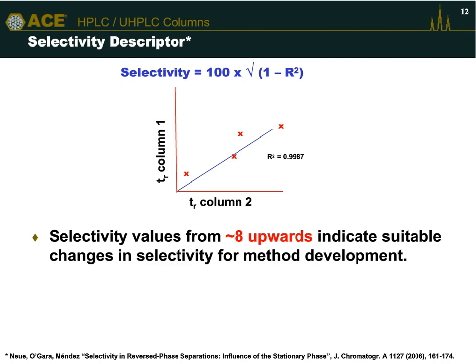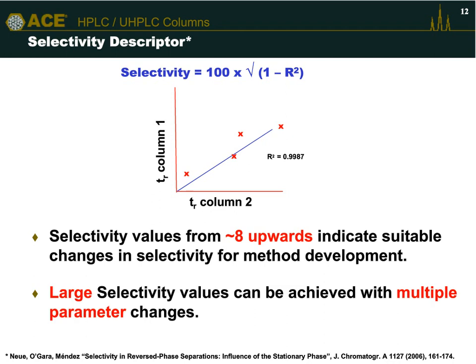And essentially selectivity values from about 8 upwards, you deal in whole integers for this type of approach, means that there are suitable differences between the two columns with that particular application or analyte class that you're going to move peaks around in the chromatographic space. So this means it would be helpful for method development.